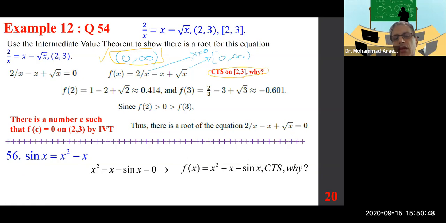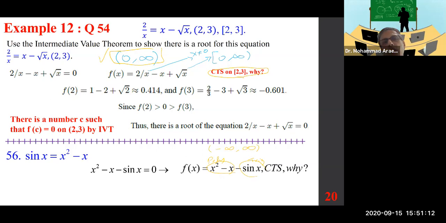This function contains a polynomial function here. This is poly, short for polynomial, right? And then sinusoidal function, trig function. And the combination gives us no restriction whatsoever.